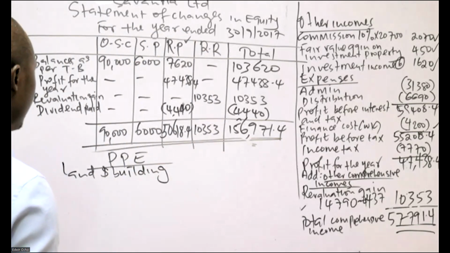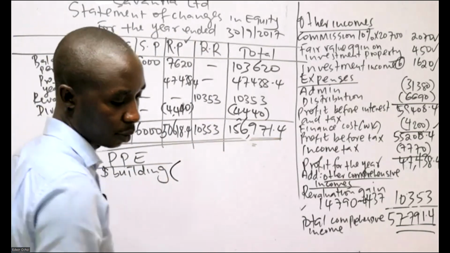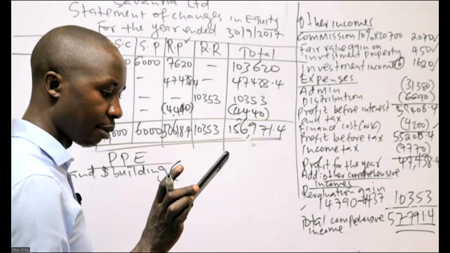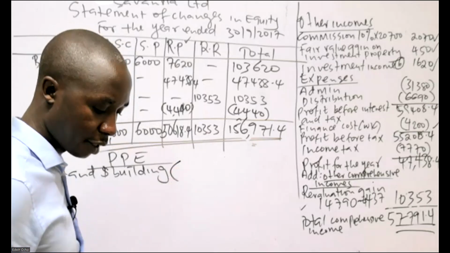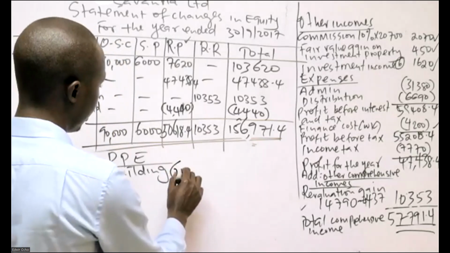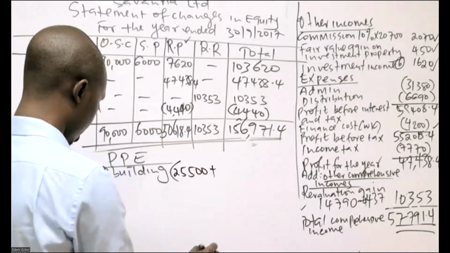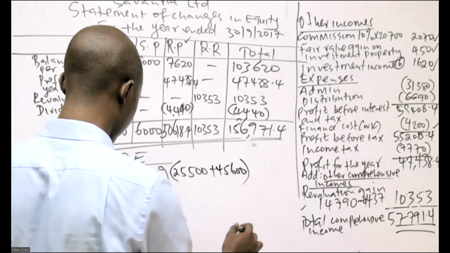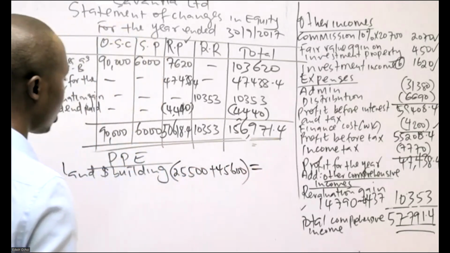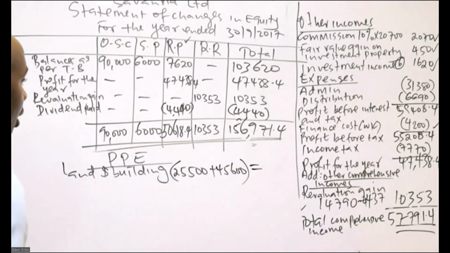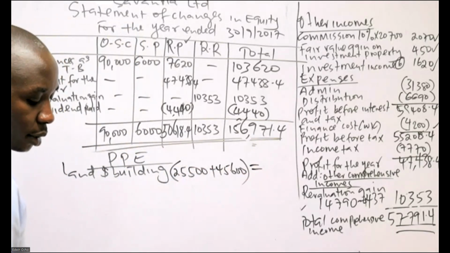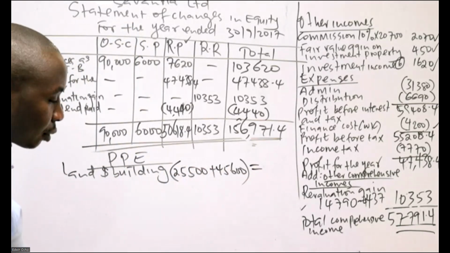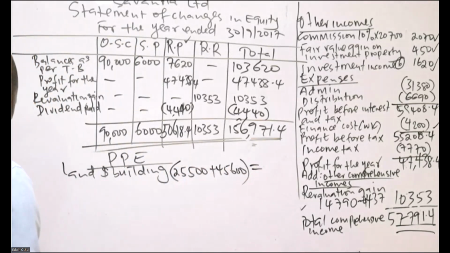They were revalued according to additional information number 3: 25,500 plus 45,600. If you add the two, remember depreciation was already provided, so I don't have to cater for it again. That is what they said in additional information number 3. Just add the two, give me the answer.